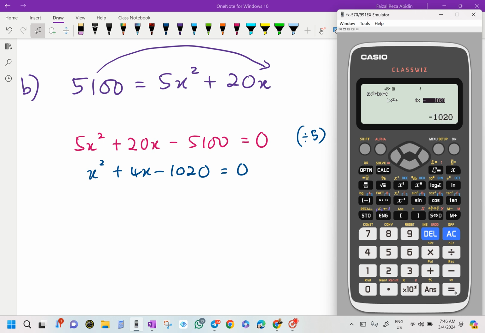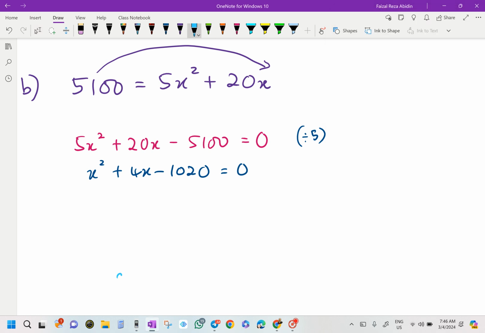So if you look over here, the first solution we are going to get 30. The second one you are going to get negative 34. That's going to be our answer actually.